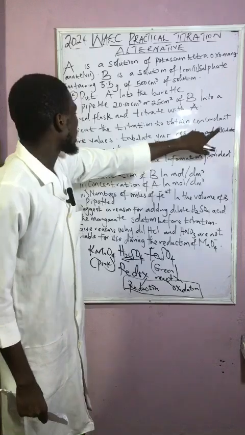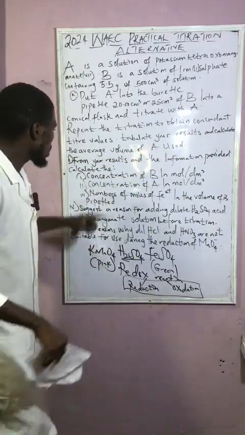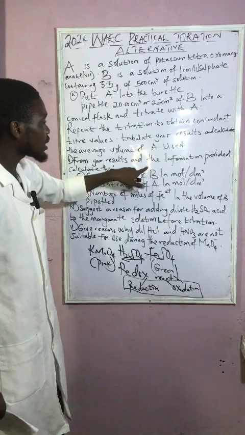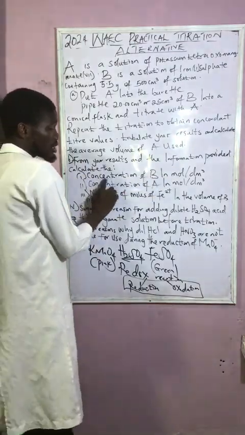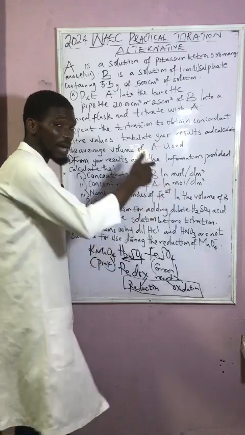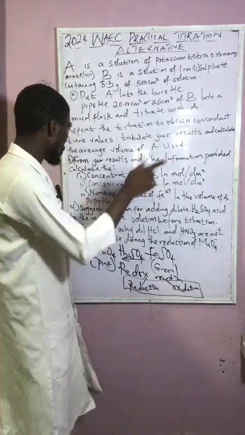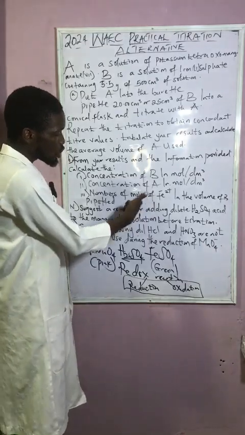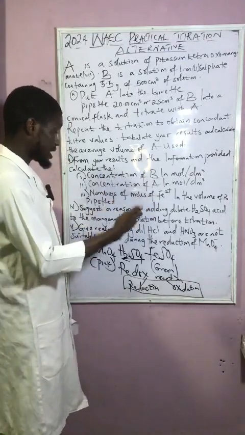Repeat the titration to obtain concordant titer values. Tabulate your results and calculate the average volume of A used. Note this: from your result and the information provided, the first thing we have to calculate is the concentration of B in mole per dm cube, the same thing for A in mole per dm cube, and the number of moles of iron(II) in the volume of B pipetted.